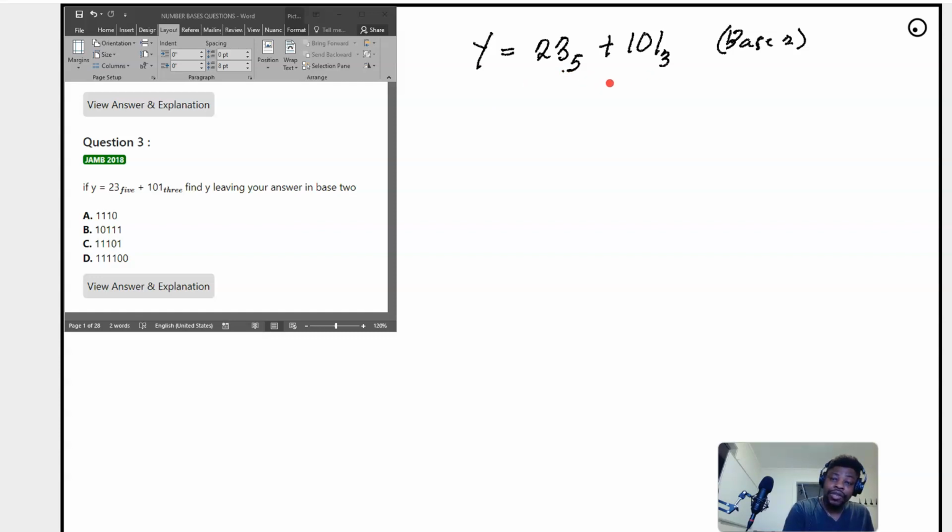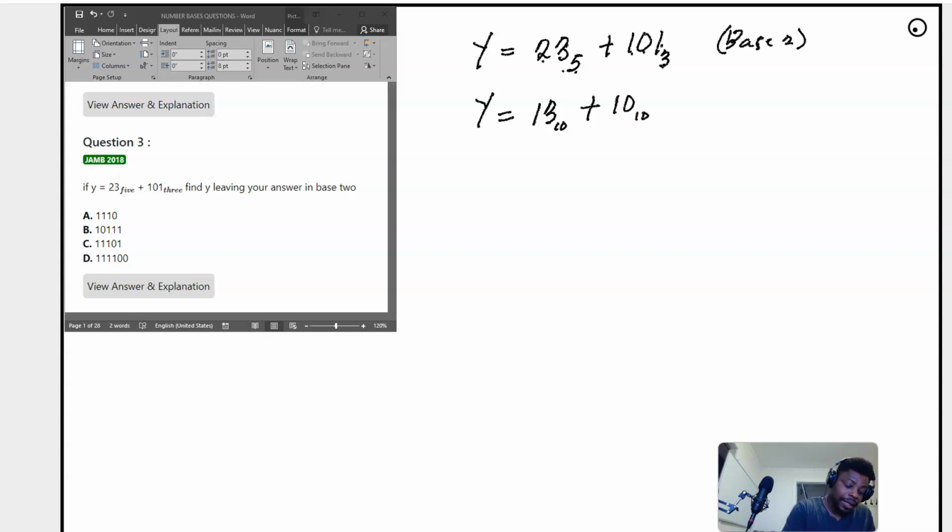In our previous video, you need to convert to base 10 first. So let's convert this to base 10. 2 times 5, 10 plus 3, 13, that is in base 10. 1 times 3, 3 plus 0, 3 times 3, 9 plus 1, 10.